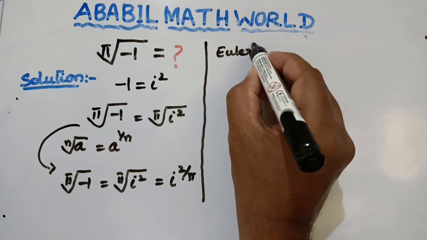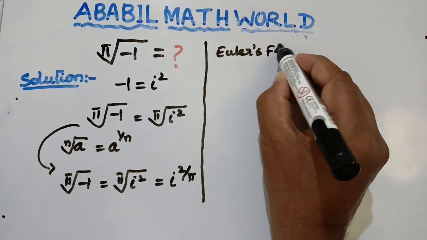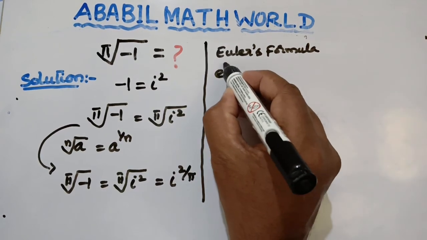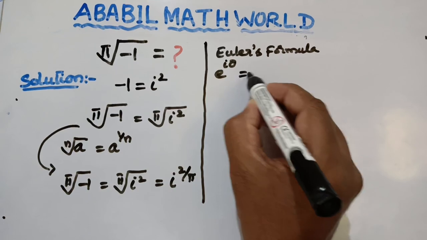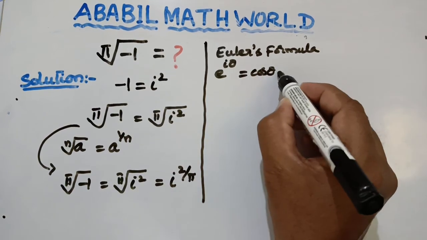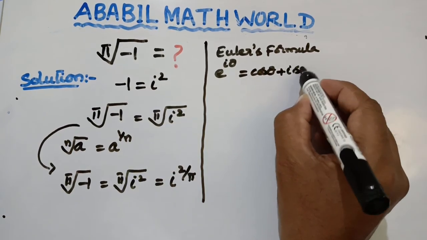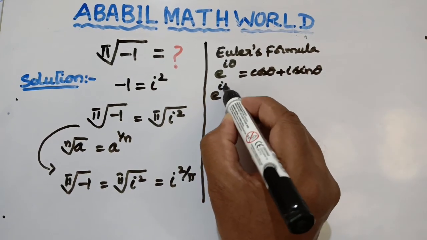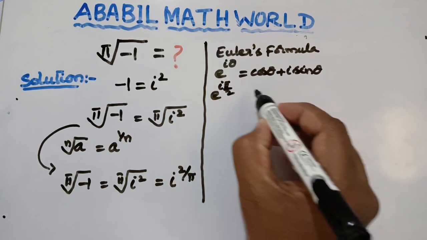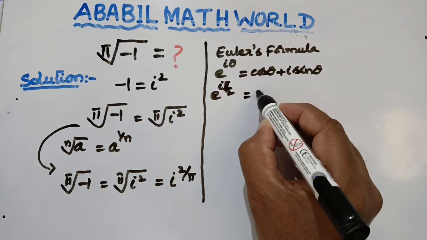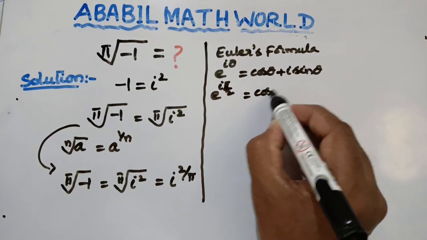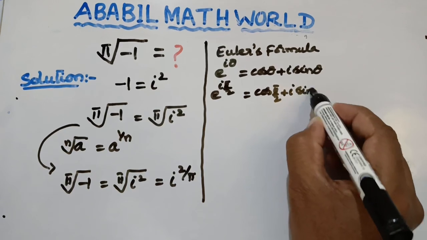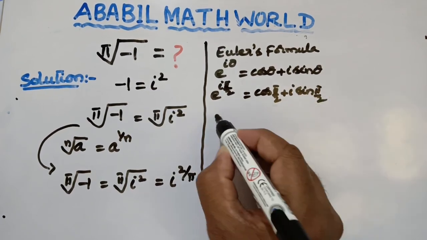Euler's formula is e to the power of i theta is equal to cos theta plus i sin theta. And when theta is replaced by pi by 2, it becomes e to the power of i pi by 2 is equal to cos pi by 2 plus i sin pi by 2.